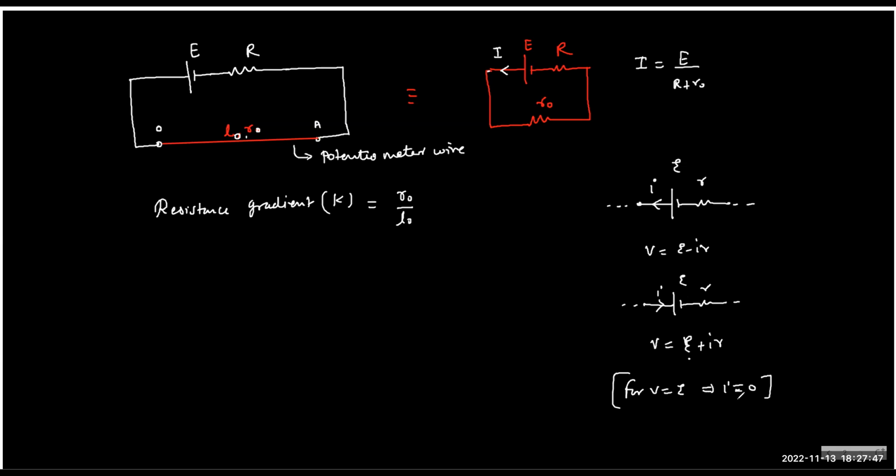So the moment you make current 0, the potential across it will be the same as the EMF, isn't it? So to calculate the EMF of a cell, we have to create a situation or circuit in which no current should pass through the cell.